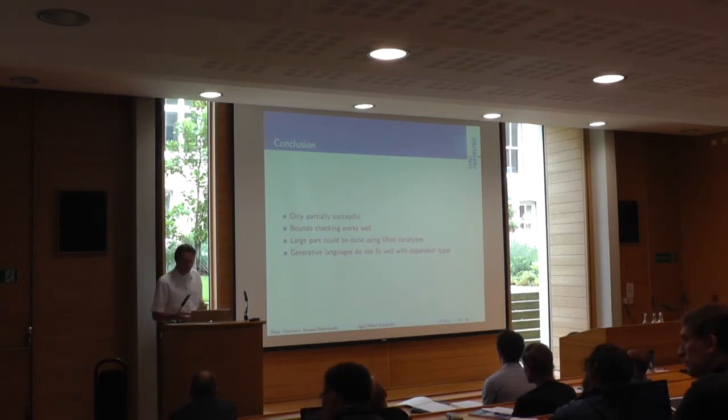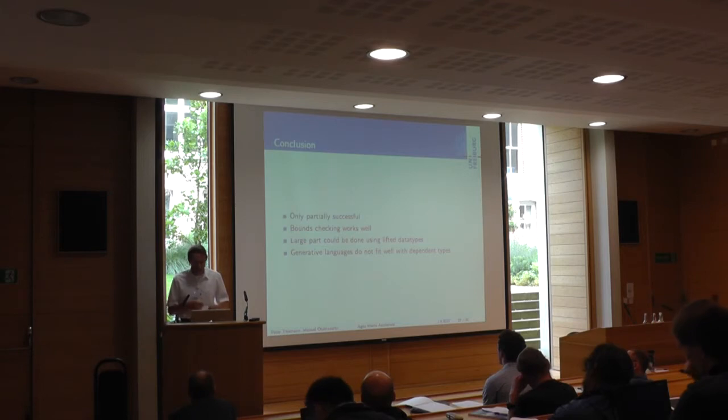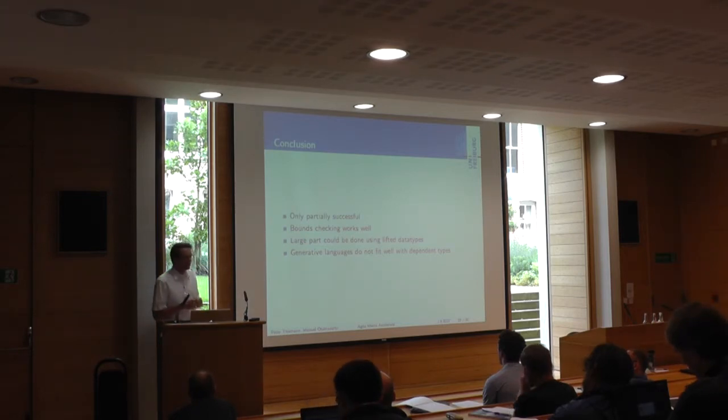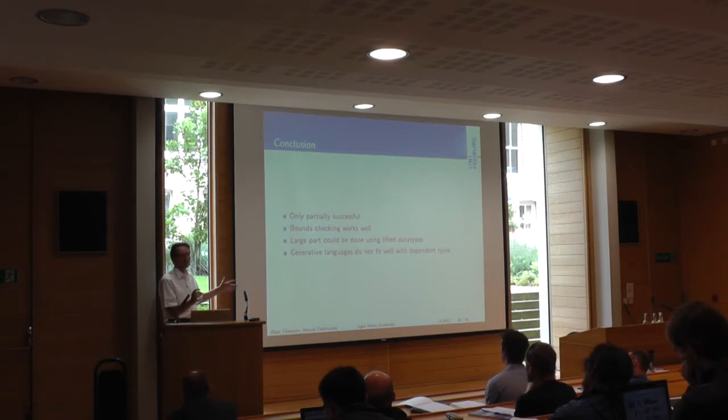And another thing, as you already got a glimpse of with this associativity problem, but this filtering problem also shows it quite nicely. Sorry, you'll have to look in the paper. It looks like generative languages do not fit extremely well with dependent types. In the case of filtering, the size of the resulting array is essentially unknown after filtering.